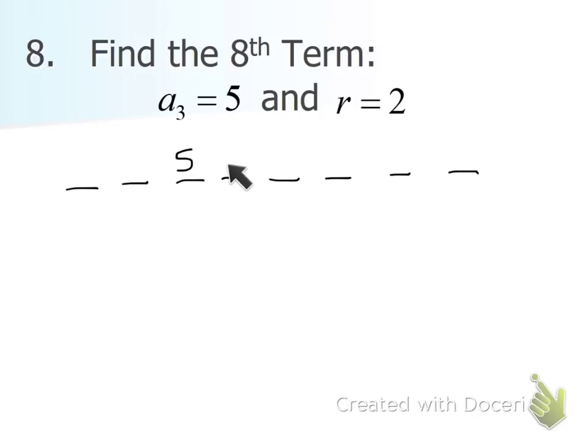You also could say if the ratio's 2, which makes this 10, what does it make this term right here? 5 over 2, and then it makes this term what? 5/4.